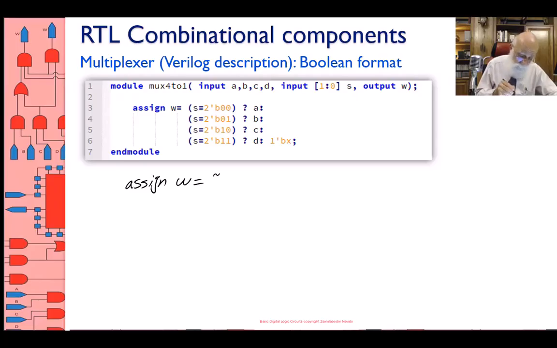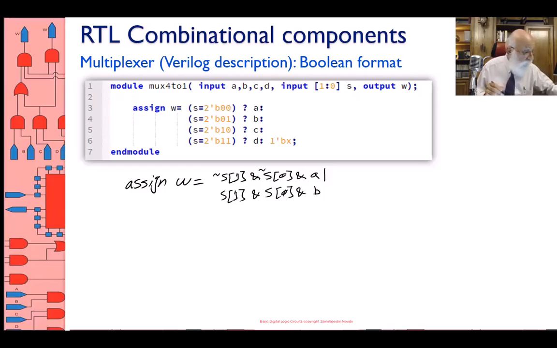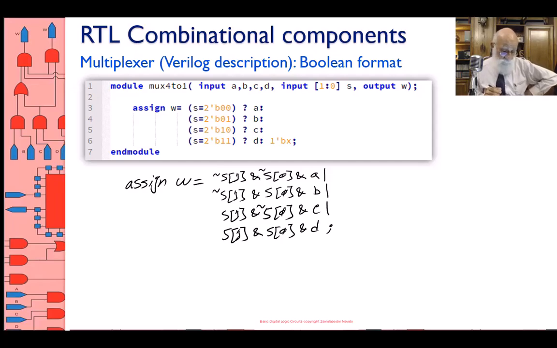S1 and S0 and A. That means if S1 is 0, S0 is 0, A, or just write down everything. 1, I'm going to write the whole thing, 0, B. Just write the complete Boolean expression.